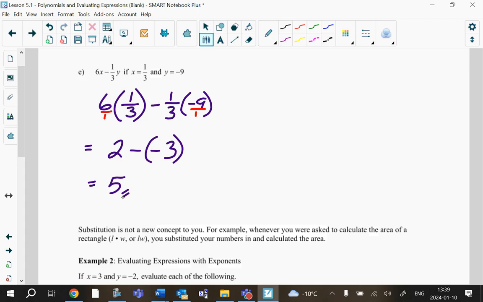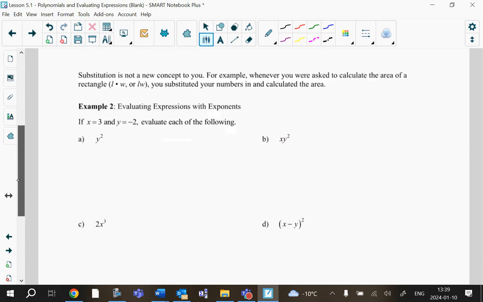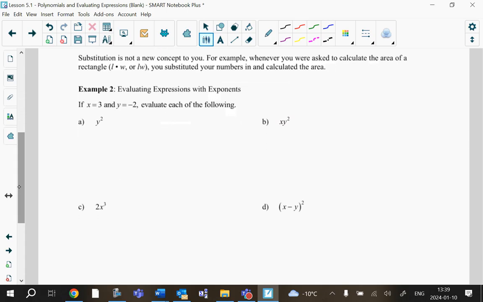Last thing I want to talk about with substitution, exponents. Can somebody tell me what A looks like when I replace y with -2? Like this?